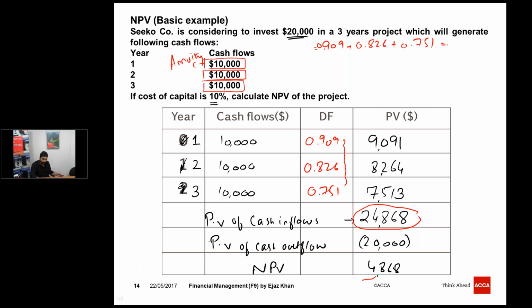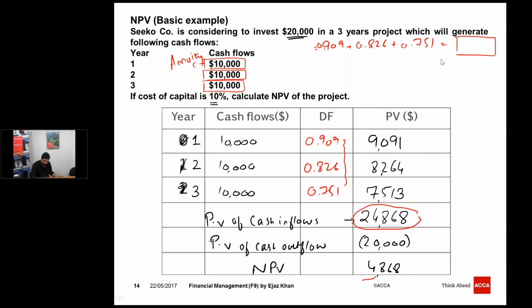So can anyone sum all these discount factors for me and give me the answer? What's the answer of this? 2.487 or 2.486 approximately. Yes, you're right.